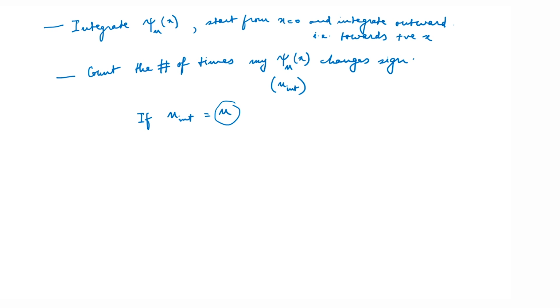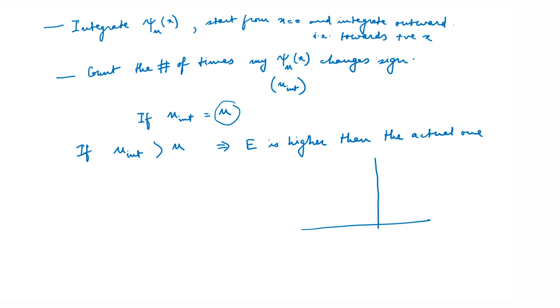In that case, what do I do? If my n int is greater than n, it tells me that my guess eigenvalue E is higher than the actual one. Just to remind you, this is my potential. Suppose I am looking for the ground state, where the solution is here.